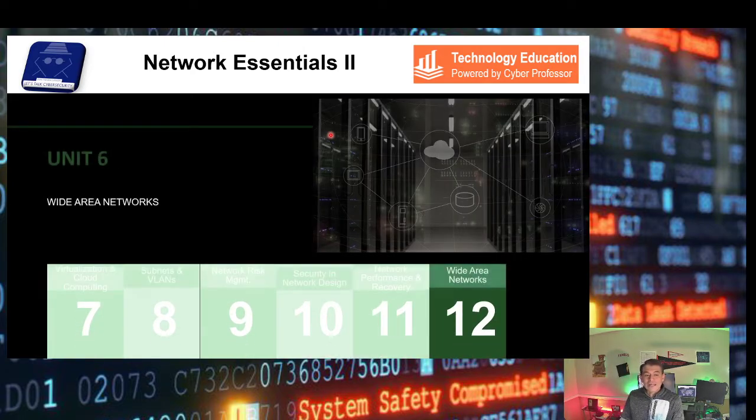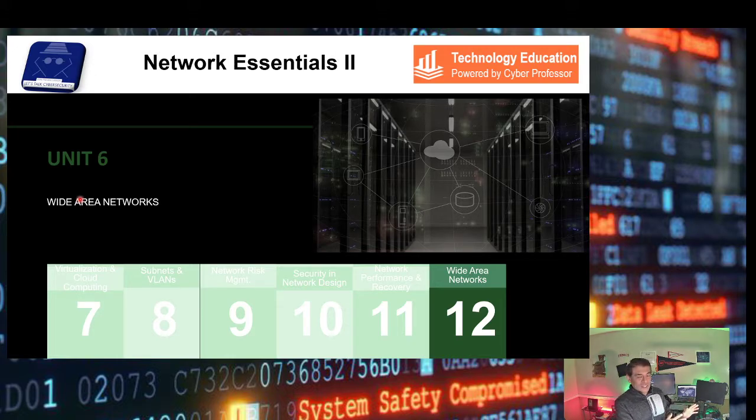And then Unit 12, there is a typo here. This should be Unit 12. It will be wide area networks. So that will be the final unit that we are going to cover for this semester, and that will be the implementation of wide area networks.